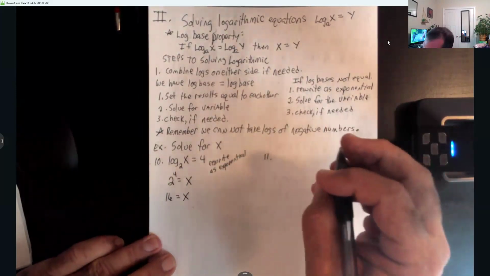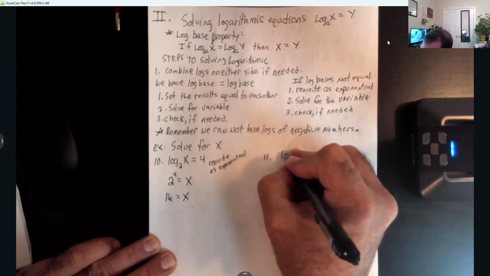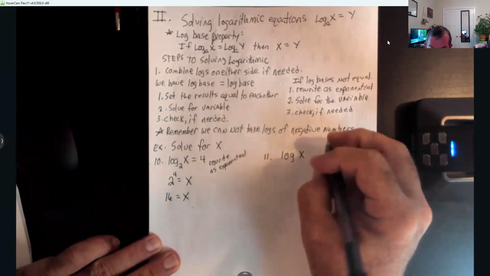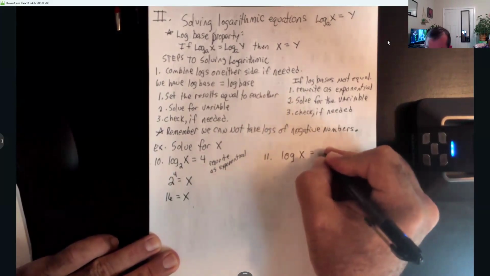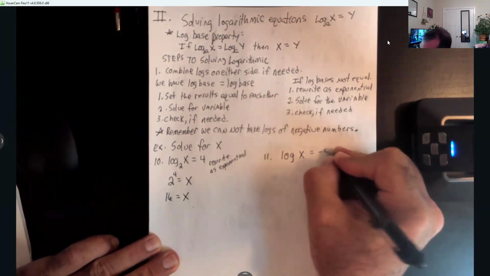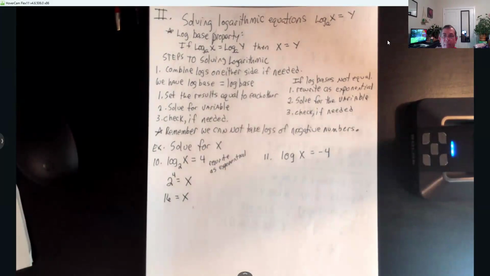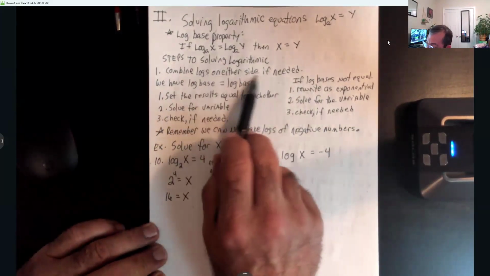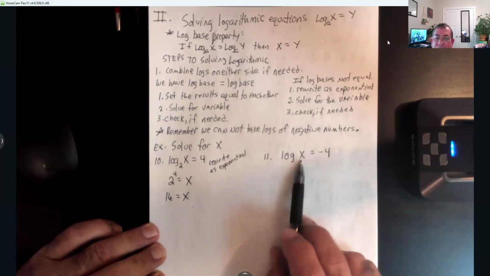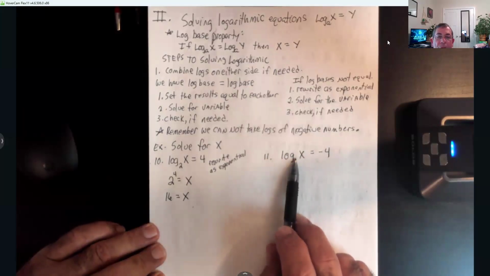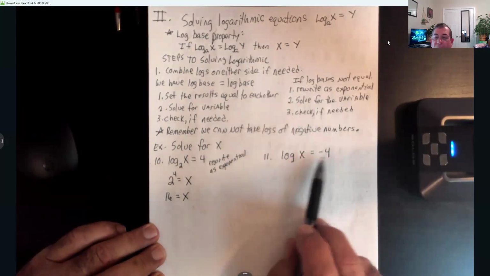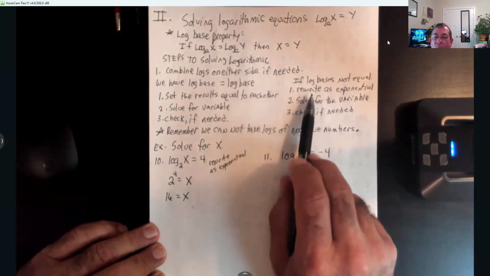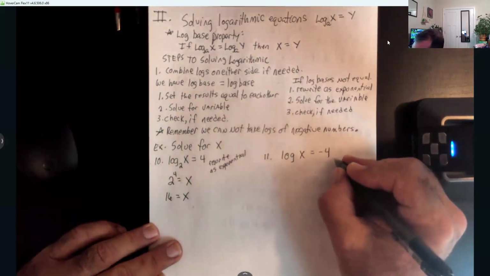So watch this, number 11. Log of x equals -4. All right, well, guess what? I don't have no logs to combine on either side. There's only a single log here. I don't have a log base on each side, so the log bases are not equal. So I'm going to rewrite as exponential.